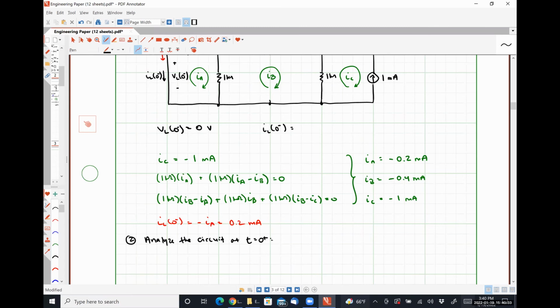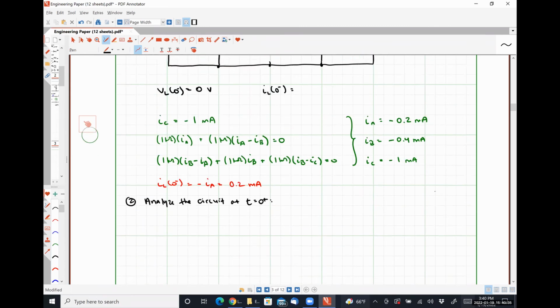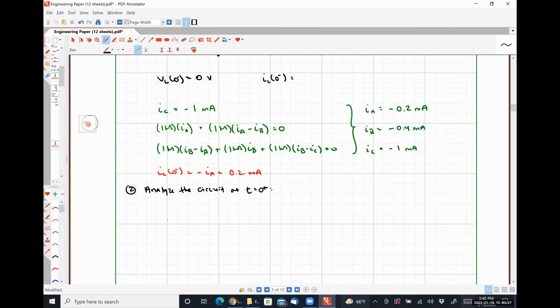Okay, so at t is equal to 0 plus, as I was mentioning earlier, before I noticed that this was not going to work out right because I had my switch effectively in the wrong direction here, the current flowing through our inductor cannot change abruptly.